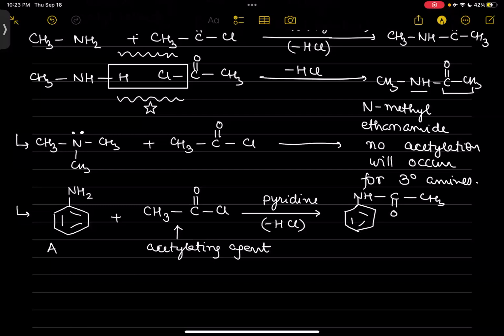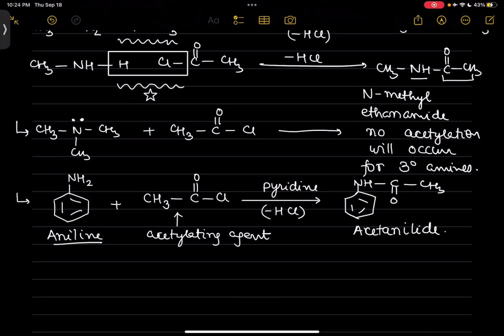This is aniline, and this one is acetylated aniline, so acetanilide. Is it clear or not? Any doubts in this?